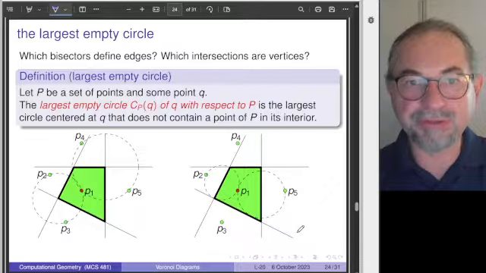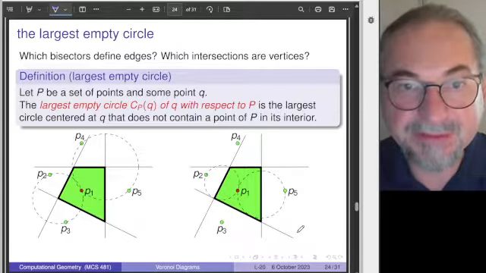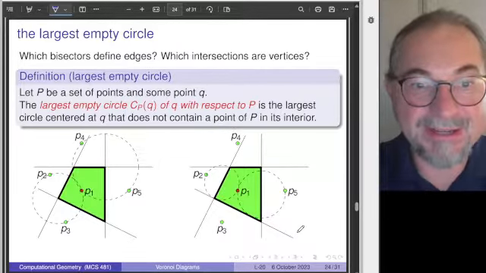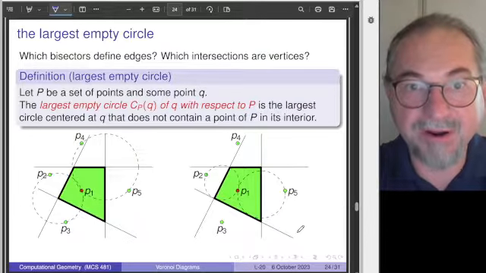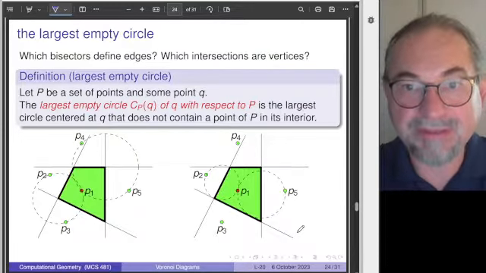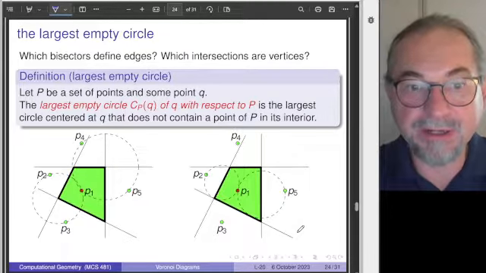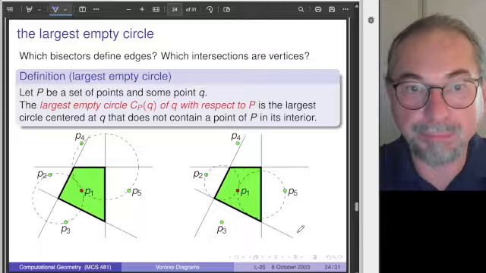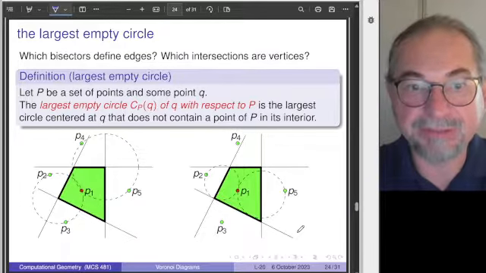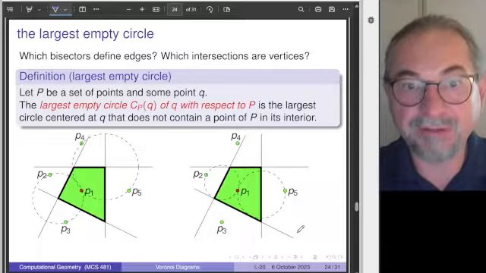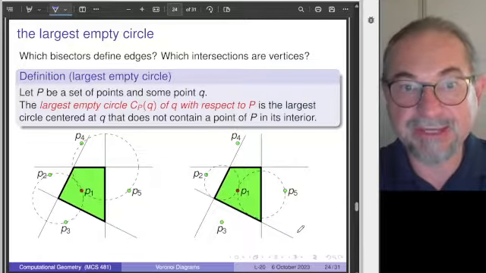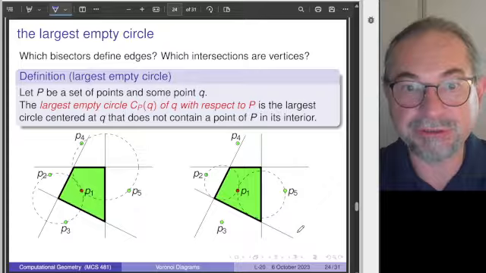This is important. I should have started with this. If you look at the bisectors again, which bisectors define the edges? Which bisectors define the vertices? For 3 points on the largest empty circle, their bisectors define the vertices. So this is a characterization of the vertices.